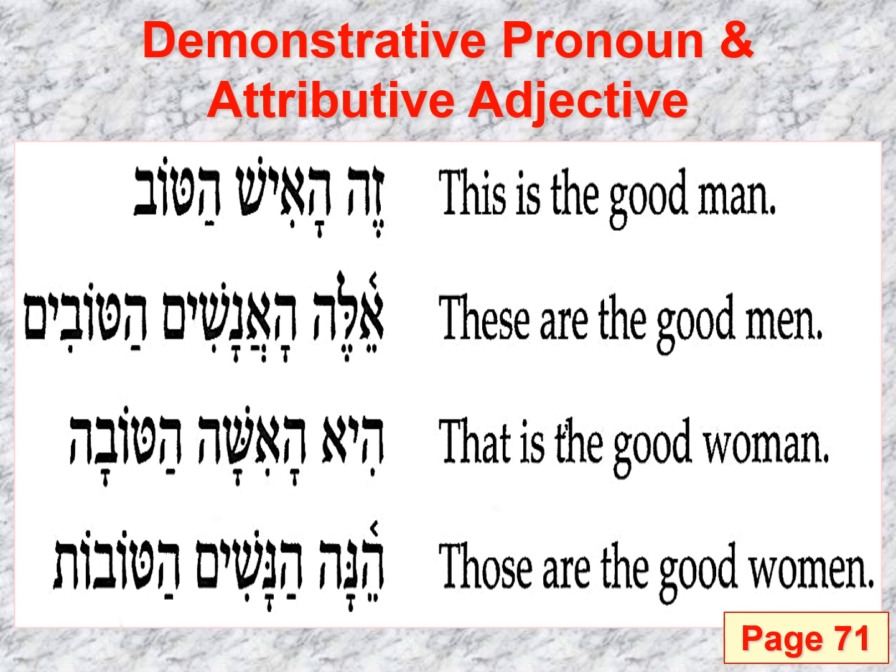And then we can also see that with the feminine plural, hena, and trying to get those nuns with the dagesh forte. So hanashim, and then hatovot. So we have the feminine plural far demonstrative functioning like a pronoun, and we have to supply the verb of being.